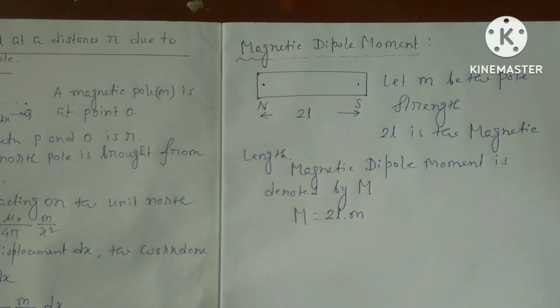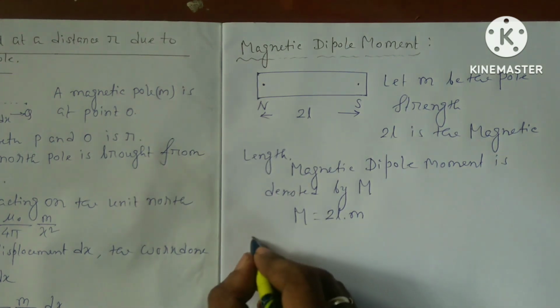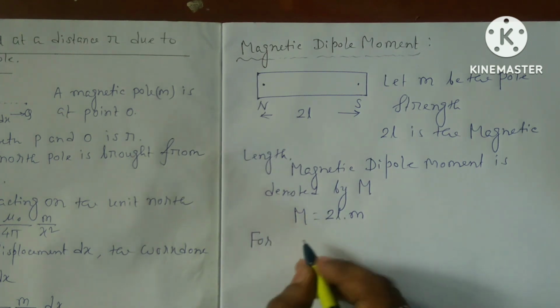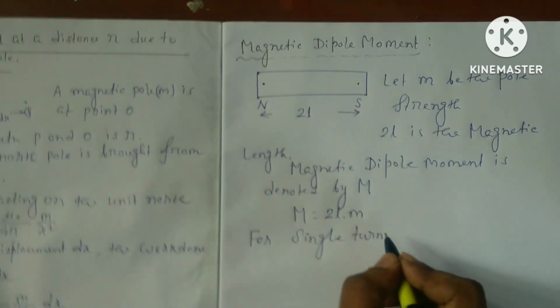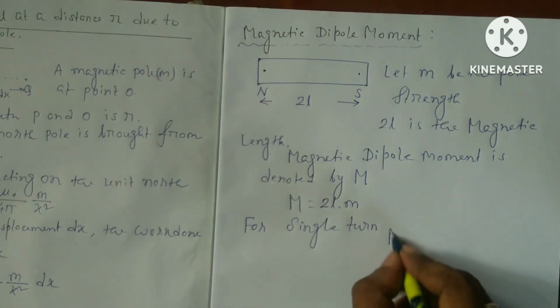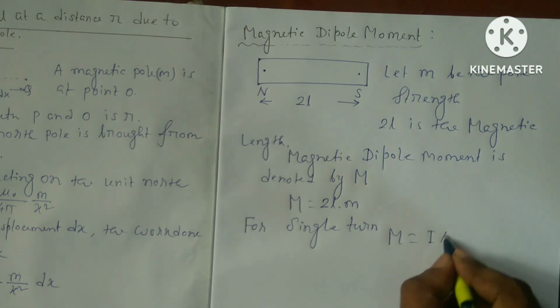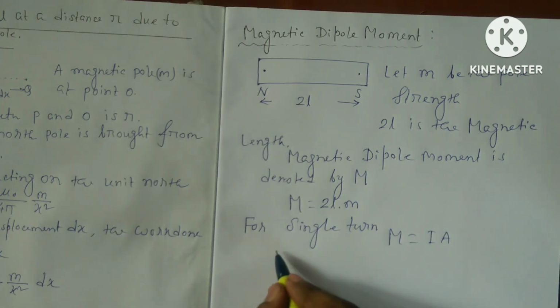And in another format, for a single turn, M equal to I into A, that is in case of a loop.